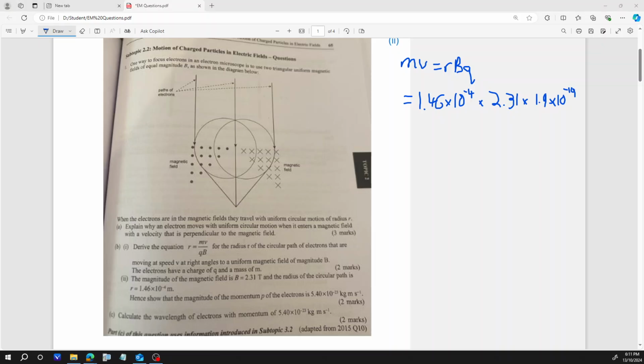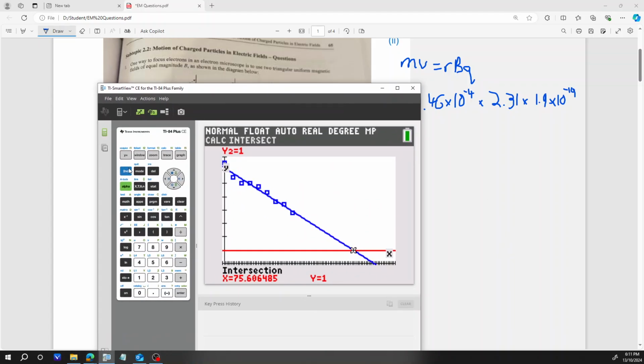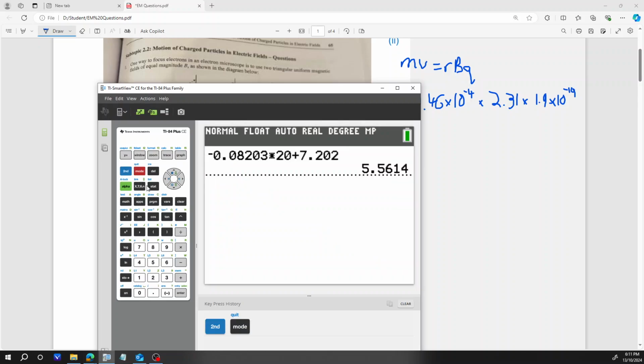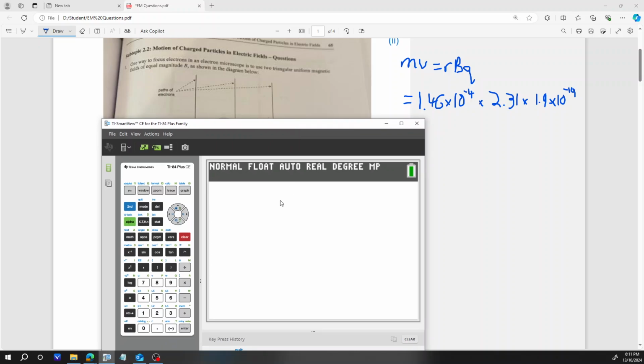My calculator is not loading on me. Why are you not doing that? Right, I've got the loading screen. It's just on my backup screen. Let's quit out of all that and clear. All right, so what do we want? 1.46.